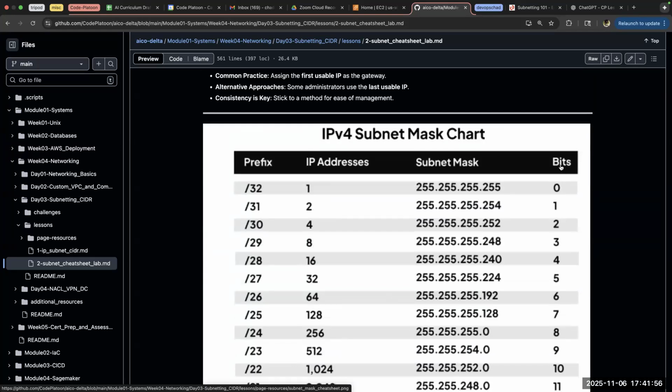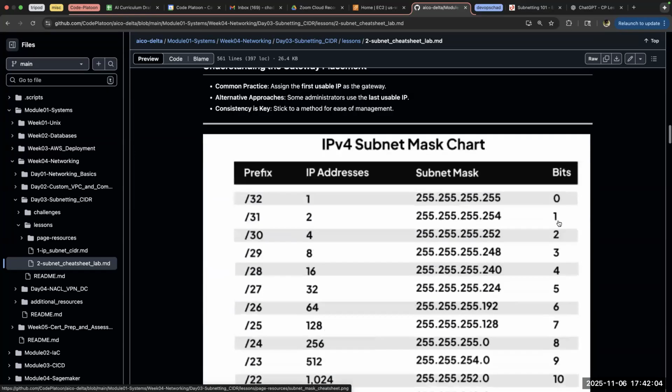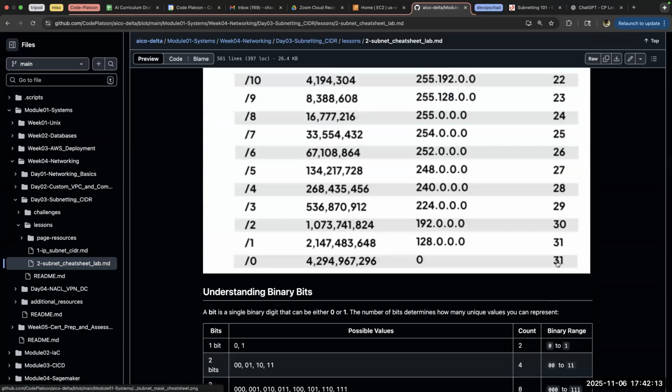And you'll see over here, you've got bits, right? So this is a 0 bit, this is 1 bit, all the way down to 31 bits. With a 0 bit mask here, you can only have one IP address. But if you go all the way down to 31, you're going to get like 2 million, right?